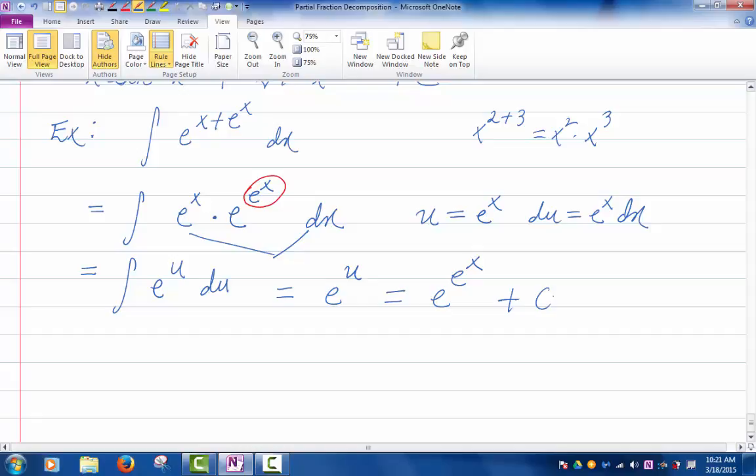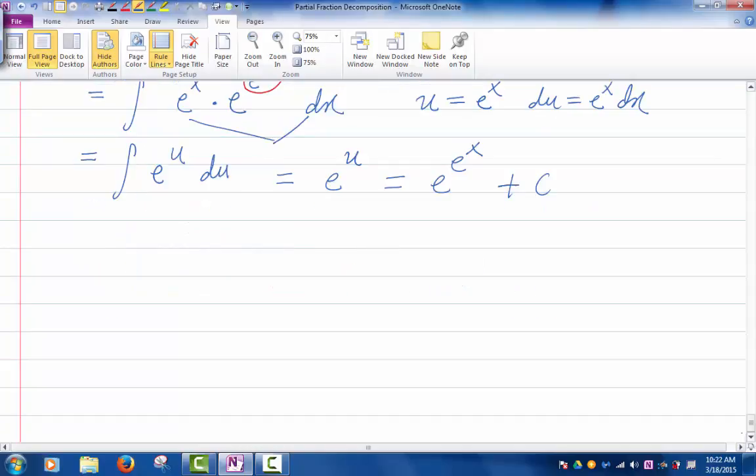If you see it the right way, it's pretty easy to do. Any questions on that? Any questions at all? Any questions, anyone?